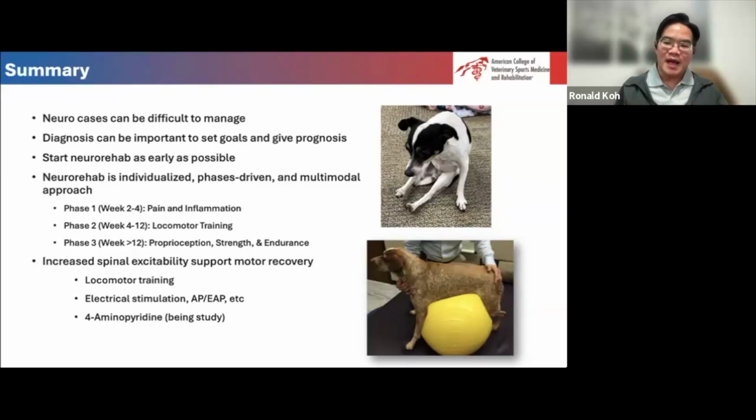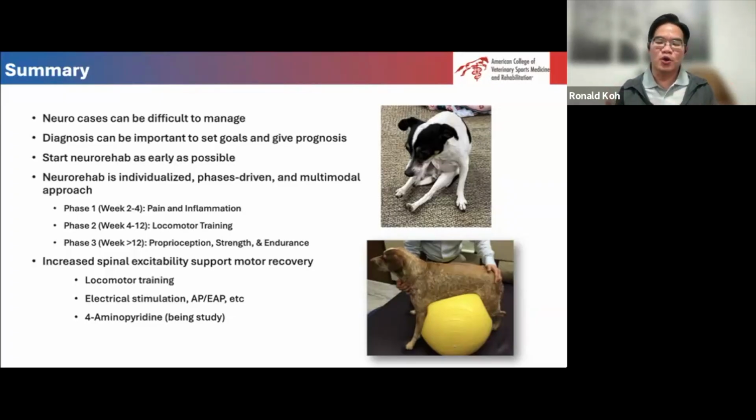Now, there's another one that I did not mention, a potential medication called aminopyridines, that has been studied in maybe 2 or 3 clinical trials in dogs with IVDD and found that it helped to improve neuroplasticity sooner and the dog was able to get back to using the limb quicker as well.